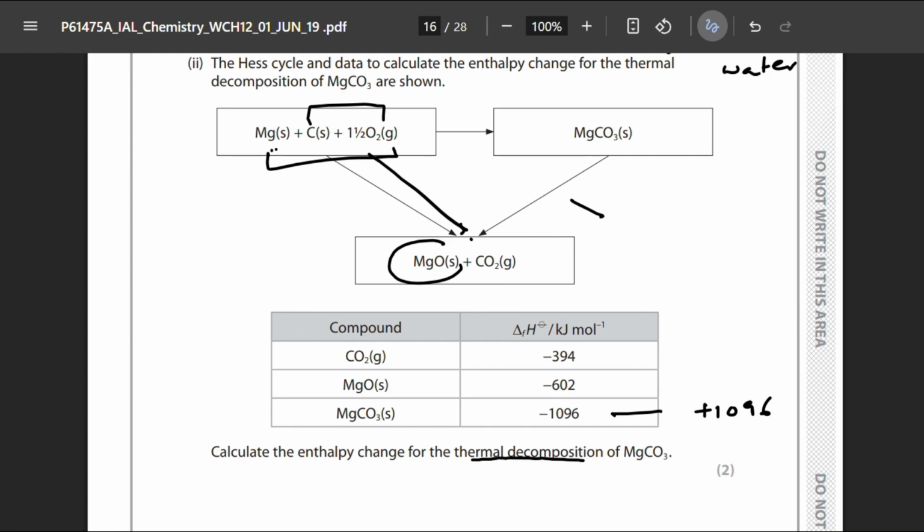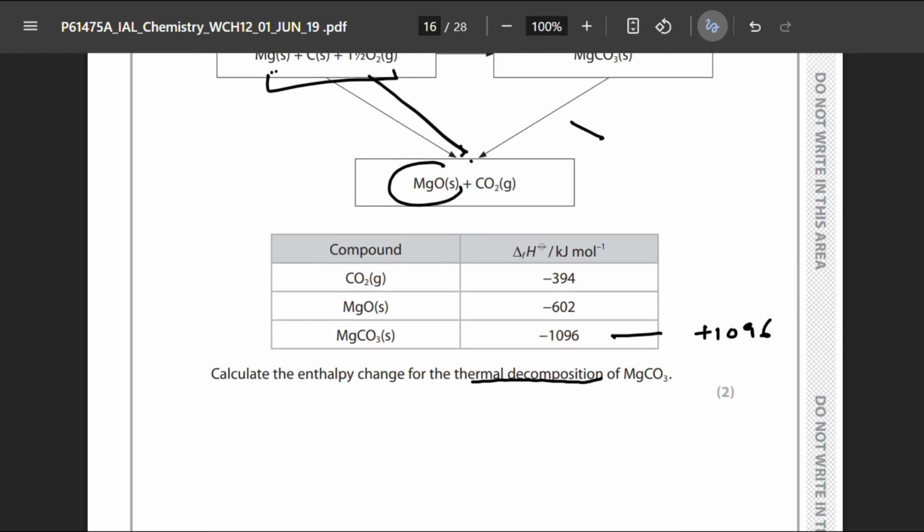First of all, because we need to calculate the enthalpy change for the thermal decomposition of magnesium carbonate, we will take the equation for the thermal decomposition of magnesium carbonate into magnesium oxide and carbon dioxide.